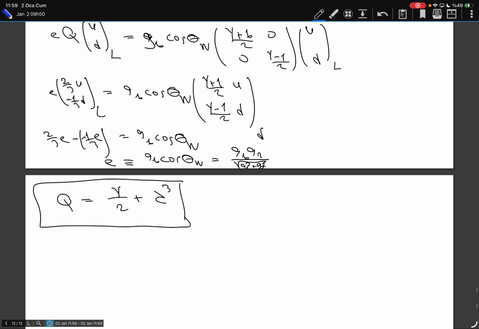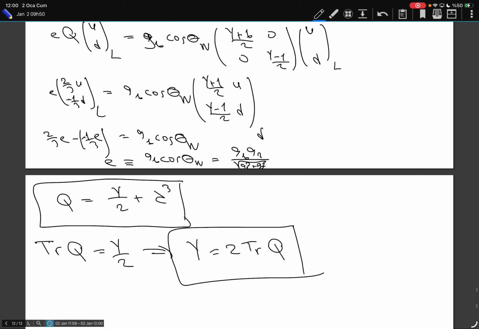If I'm acting on a doublet, tau 3 is just sigma 3 over 2. Whatever the value is, if I take the trace of both sides within a multiplet, tau 3 is just 0. So this is the hypercharge.